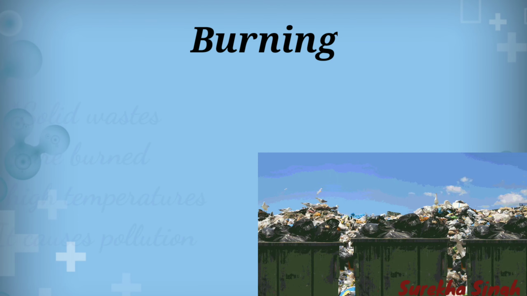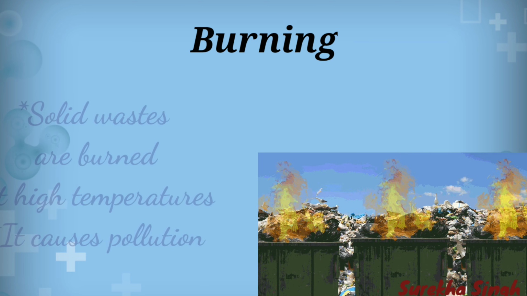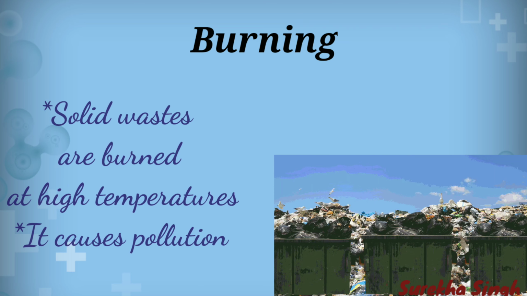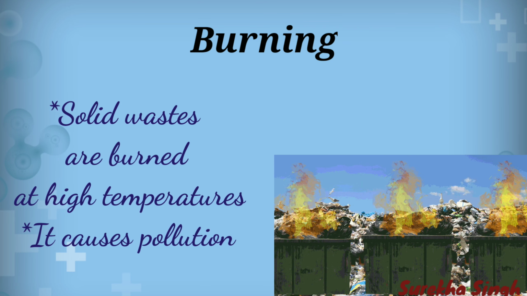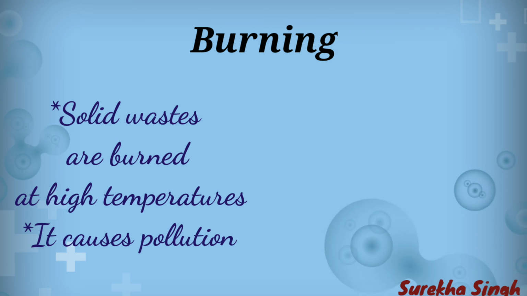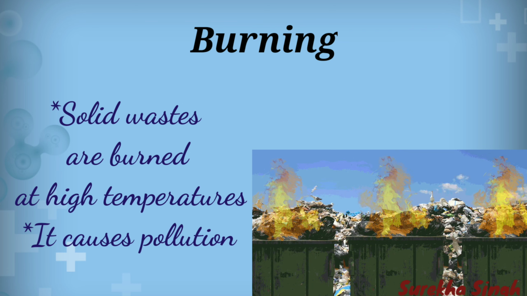Burning. In this method, solid waste is collected at one place and then burned at high temperatures. Chemicals and other poisonous wastes are burned in large furnaces or incinerators. This method is harmful and causes pollution.